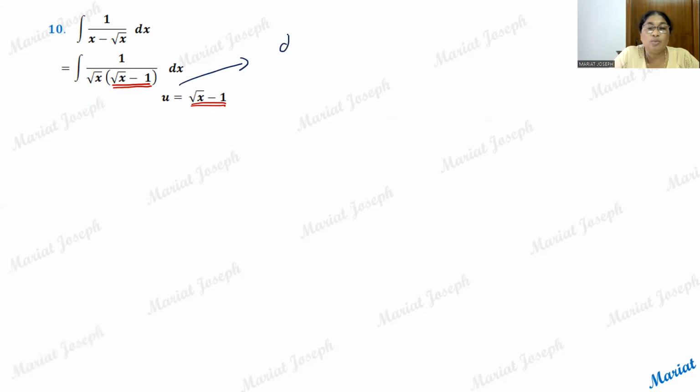What will be the du by dx? du by dx is 1 upon 2 root x minus 0. Therefore, du equal to 1 upon root x into dx, and multiply the 2 on the other side.